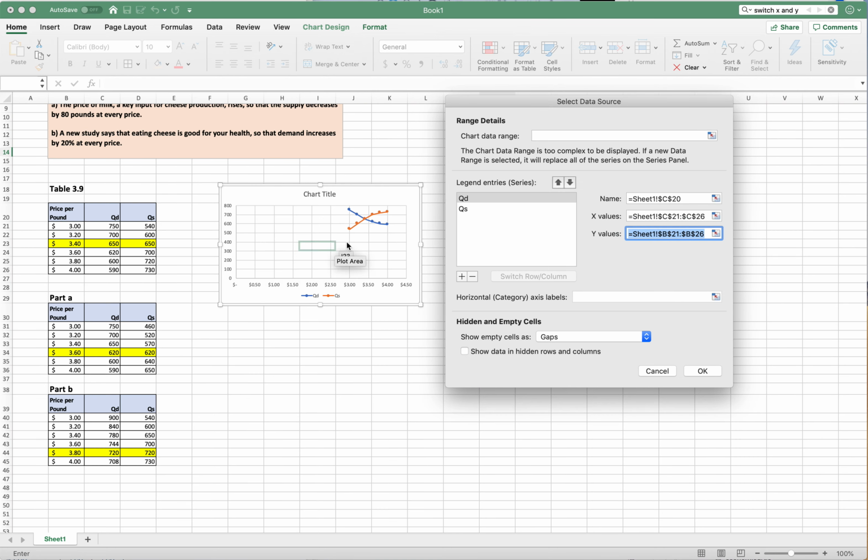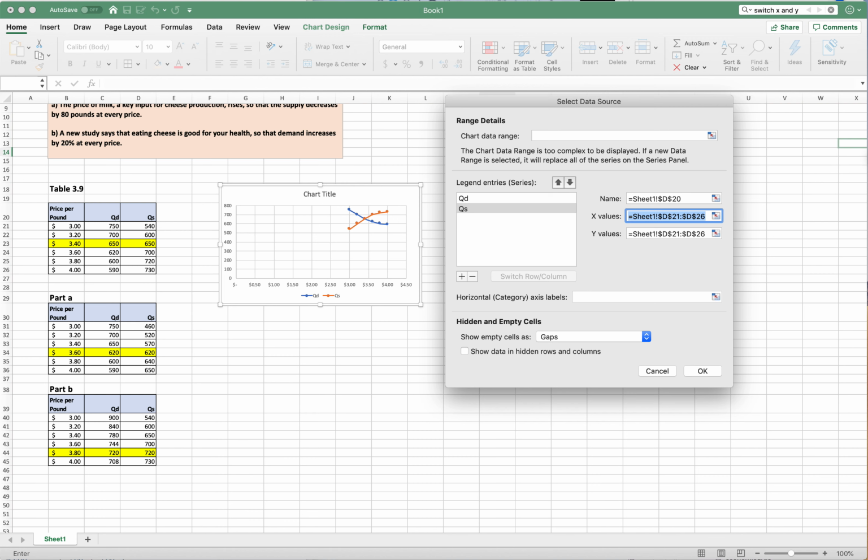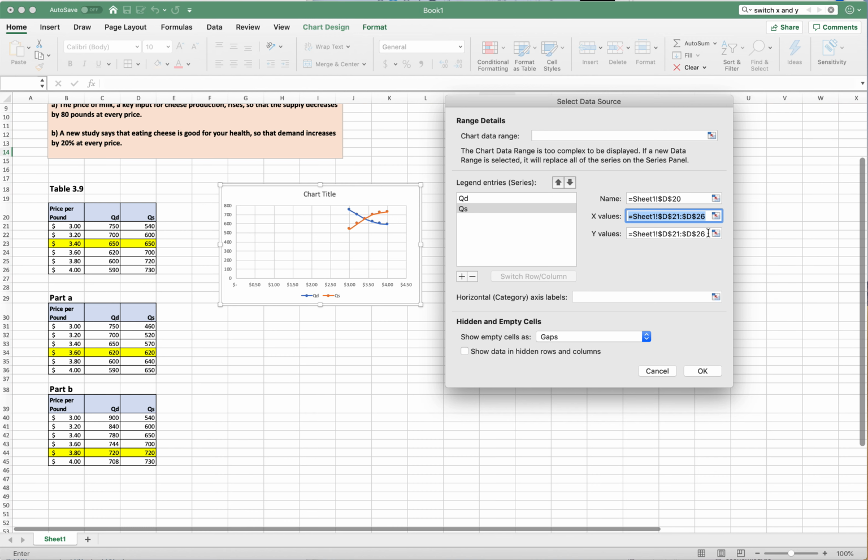And I do the same thing. And this time I can probably do it without making a mistake. If I look at where the label is, it's quantity supplied. That's good. If I go to my X values, I will want to get rid of that. And for my X values, I want to have the quantity supplied actually. I'll enter it. And then for my Y values, I want to have, let's delete that.